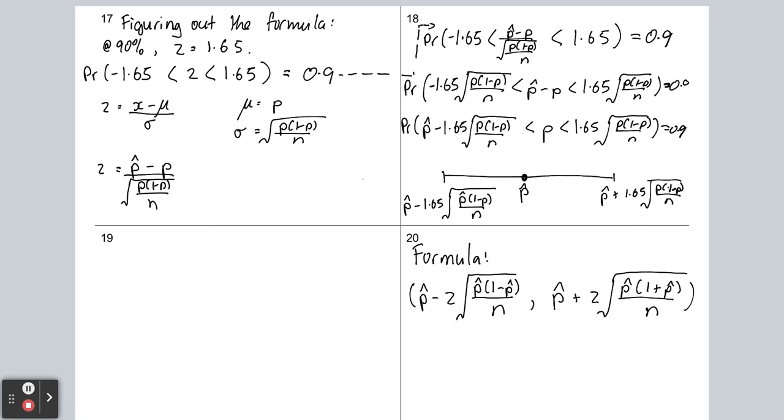And so we put little hats on our p's here to say we are using the sample estimate in these points, because we are using the point estimates to stand in for our population proportion, which we don't know. And so there is the lower boundary for this expression, and there is the upper boundary for this.